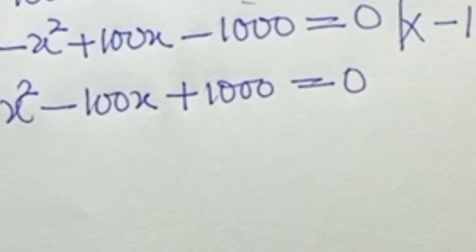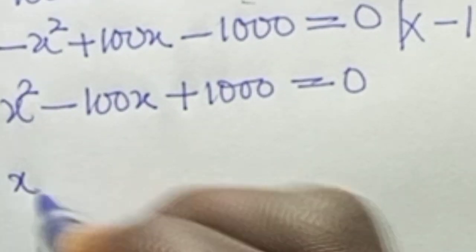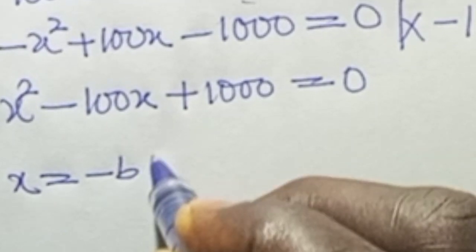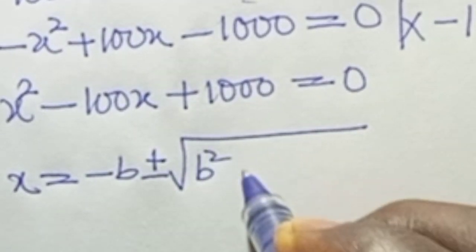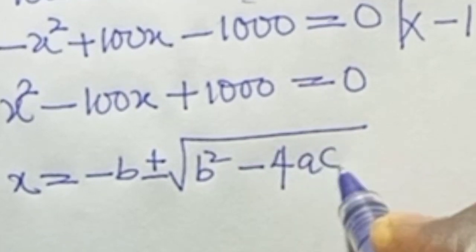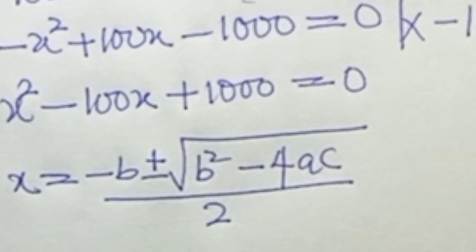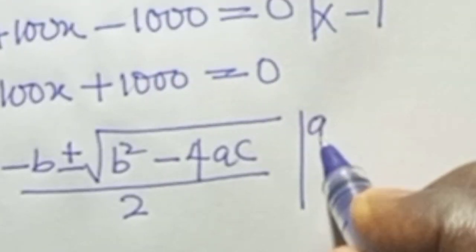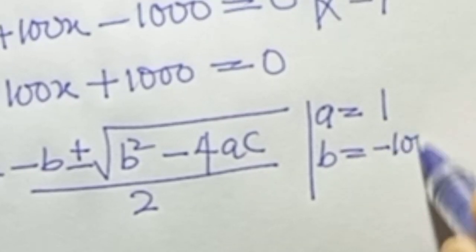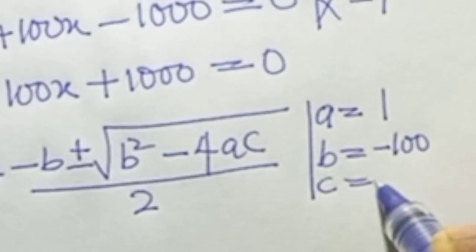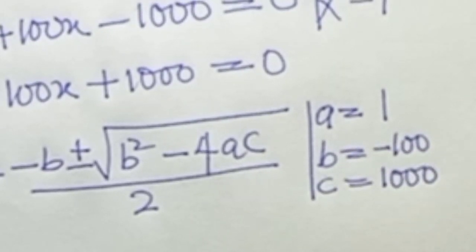And this is a typical quadratic equation, and we are going to use the quadratic formula that says x is equal to minus b plus or minus square root of b squared minus 4ac all over 2a. Here a is 1, b is minus 100, and c is the constant, which is 1000.